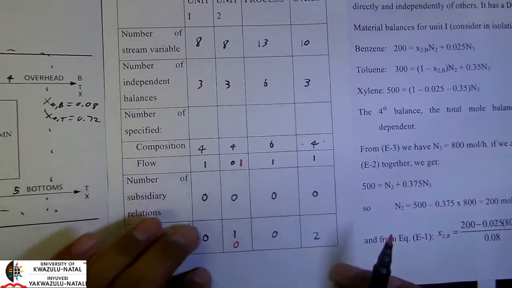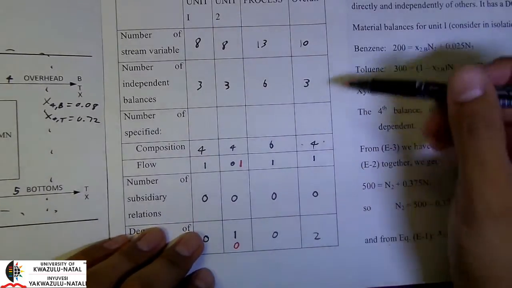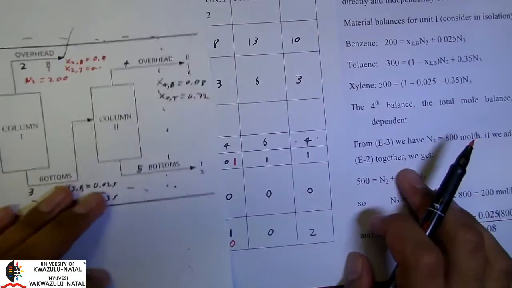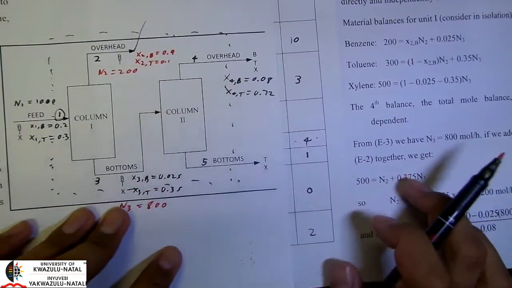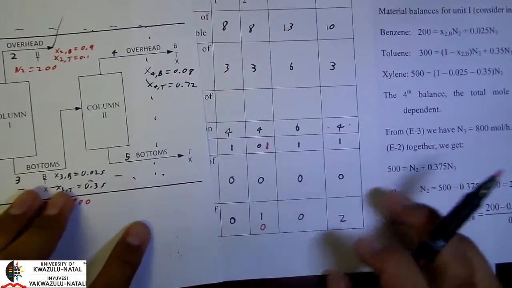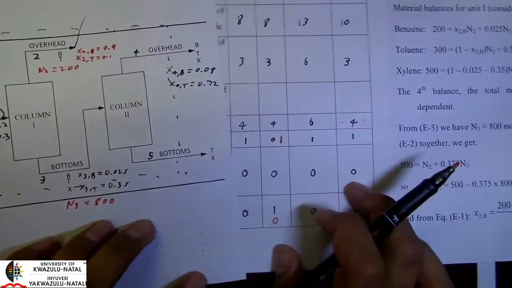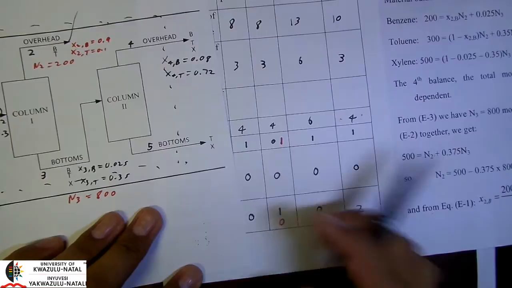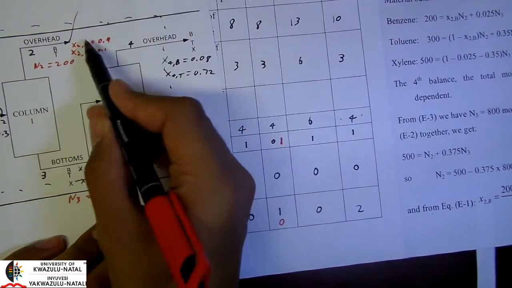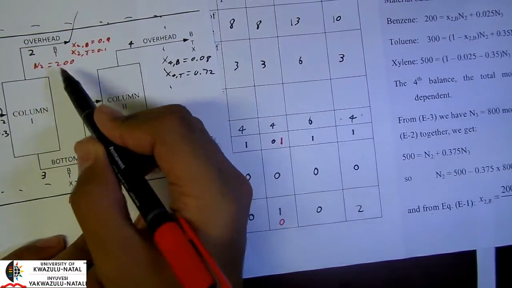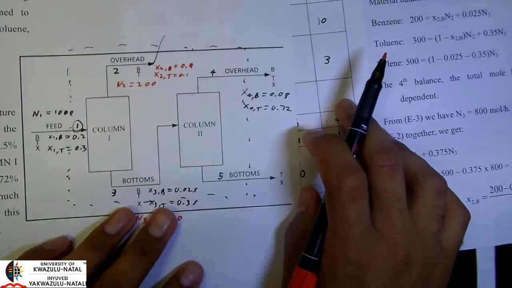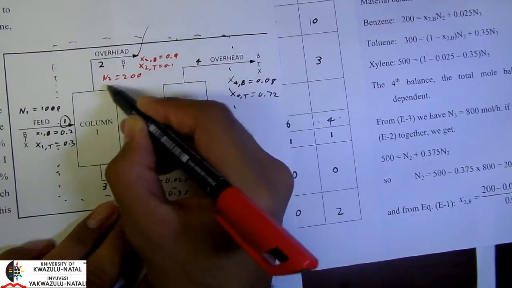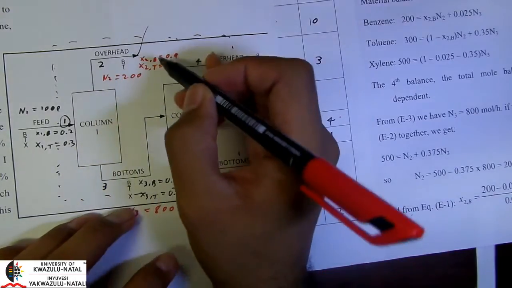However, let's look at the overall balance. Has anything changed? One thing has changed. What was previously not known is our flow rate N2, as well as our composition.